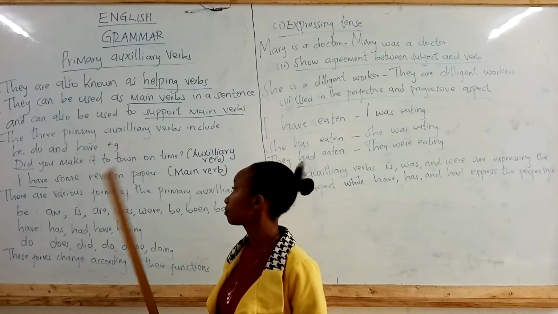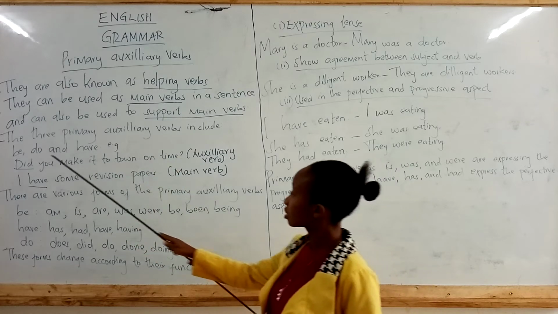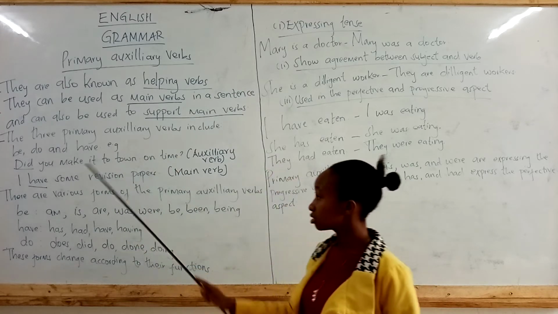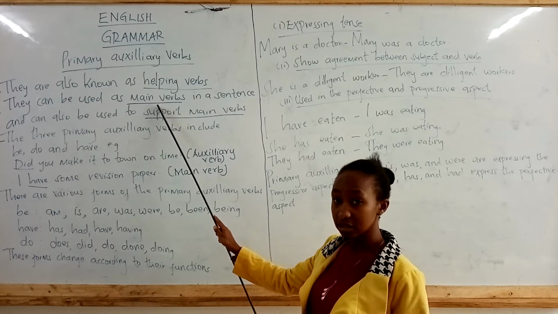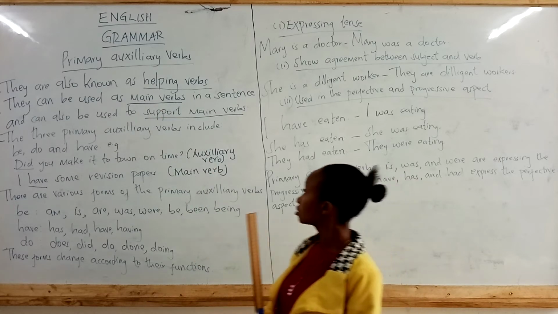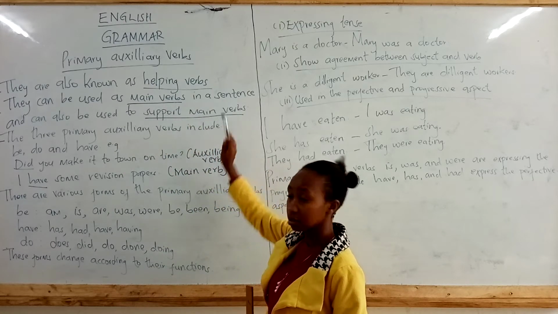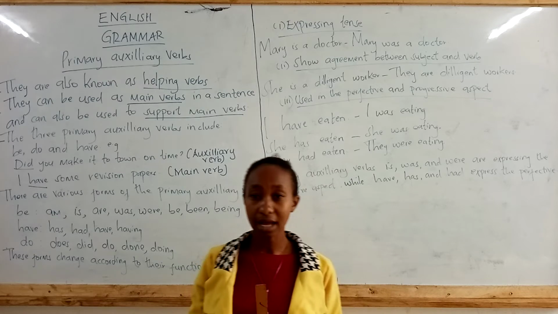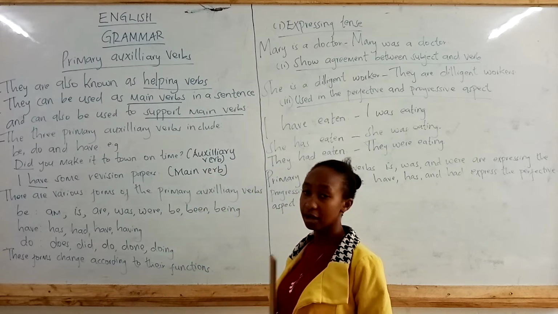As we've said initially, these three, that is be, do, and have, can be used as main verbs in sentences, and also they can be used to support main verbs. So let us take a look at that in the sentences that we have.